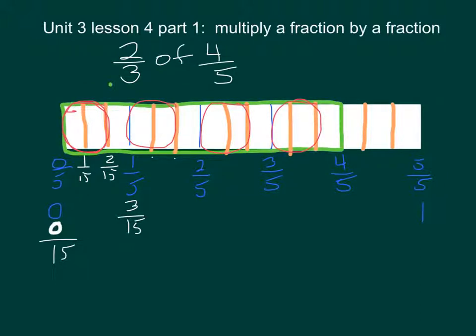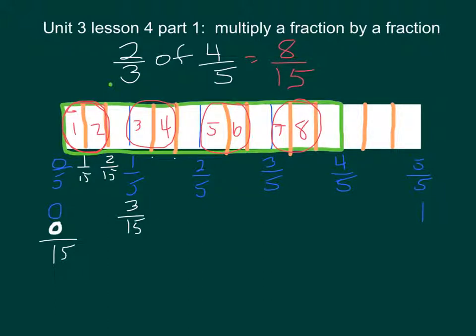And now we can just add up the number of thirds that we circled. We circled 1, 2, 3, 4, 5, 6, 7, 8. We circled 8 thirds out of a total of 15.